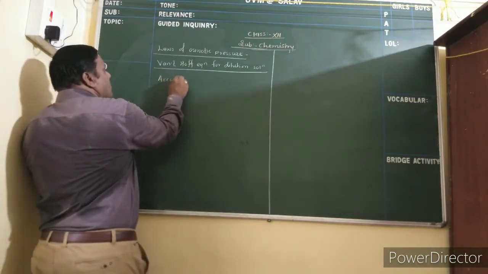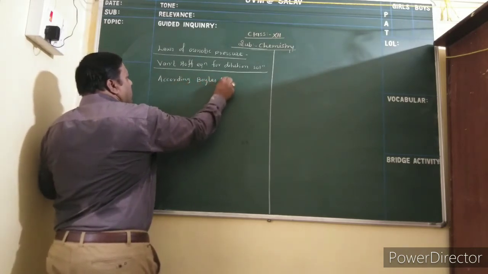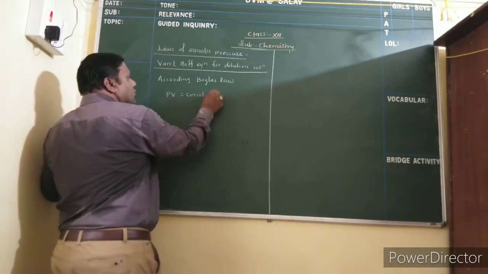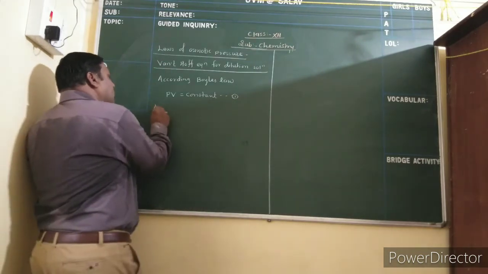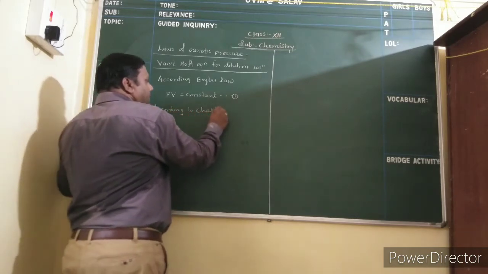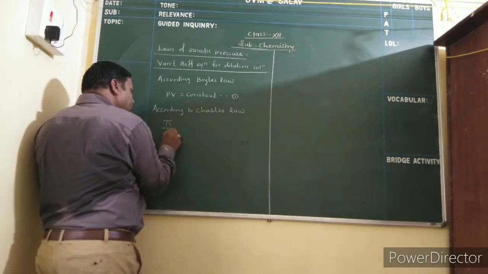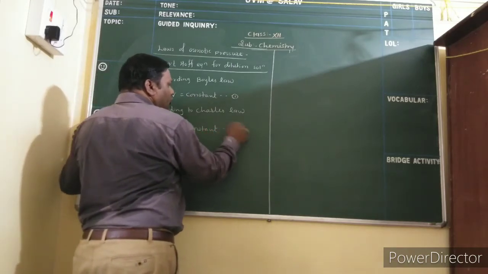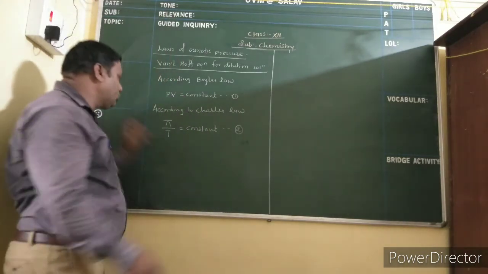According to Boyle's law, pi V is equal to constant. It is equation 1. And according to Charles' law, pi upon T is equal to constant. It is equation number 2.